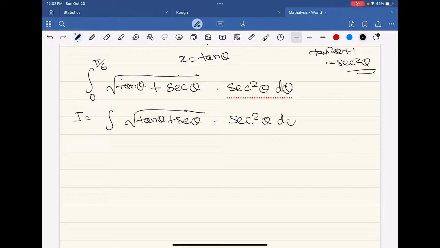Let's see. We know that if I use integration by parts, this will just be I times sec theta plus tan theta.